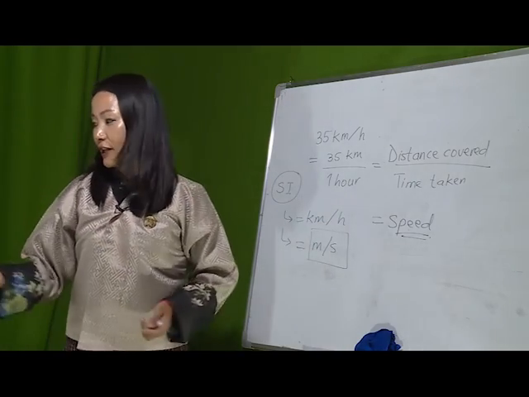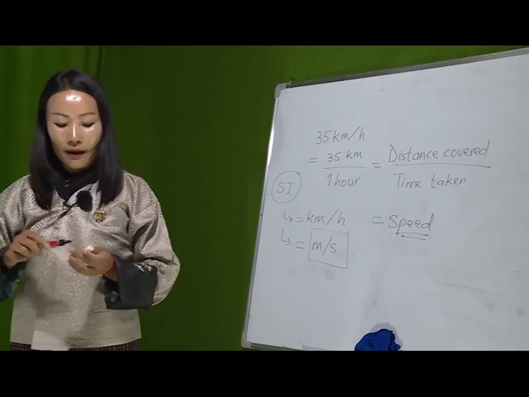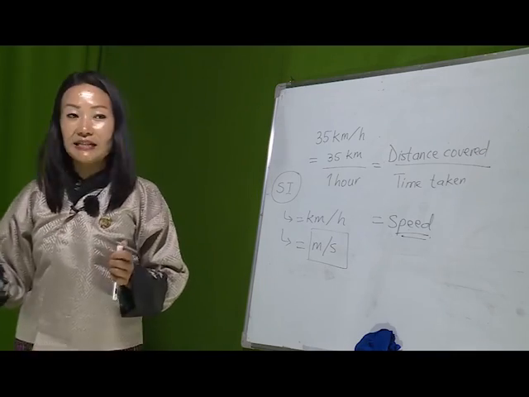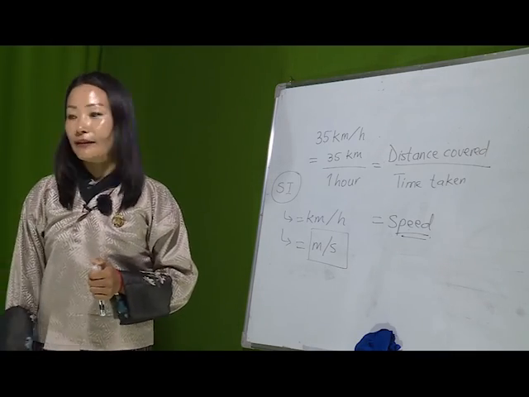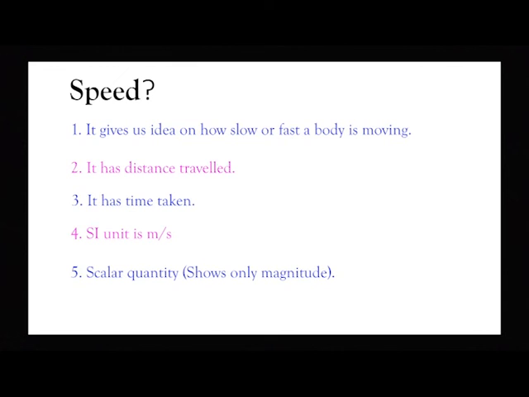So in a nutshell, speed gives us an idea on how slow or fast a body is moving. Next, speed has distance traveled, like you have seen in the formula. Speed also has time taken.